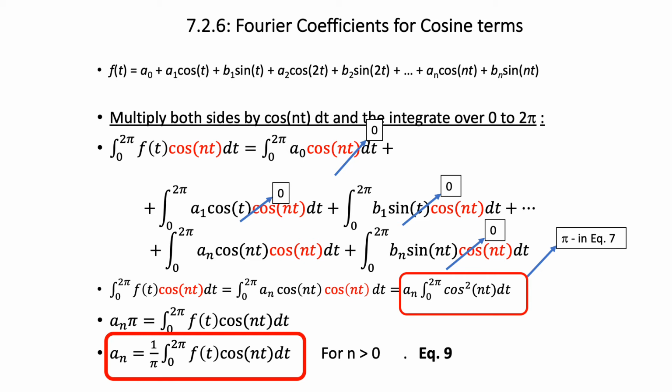If we recall, the integral of cos square nt dt from equation 7, the value is pi. Therefore, substituting this value, an equals 1 over pi times the integral of f(t) cos nt dt from 0 to 2 pi, and we name this equation 9.